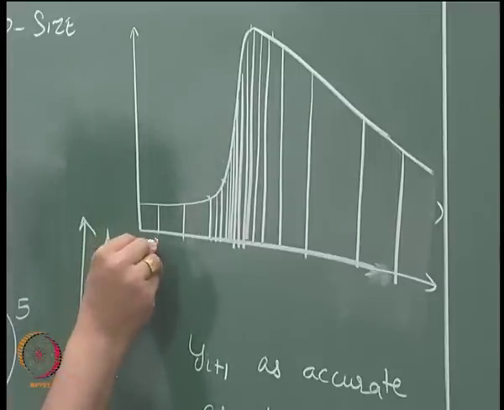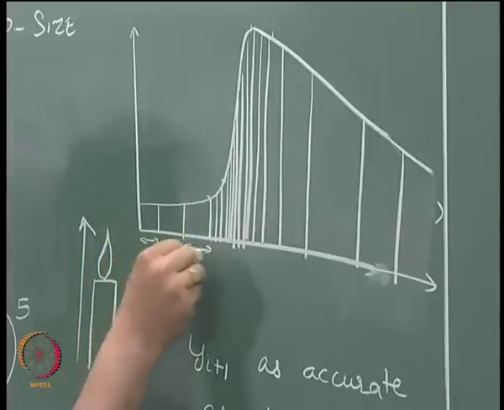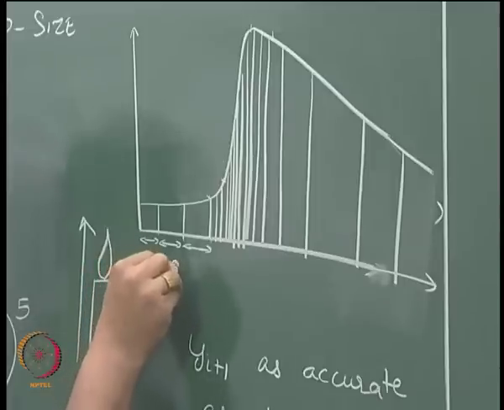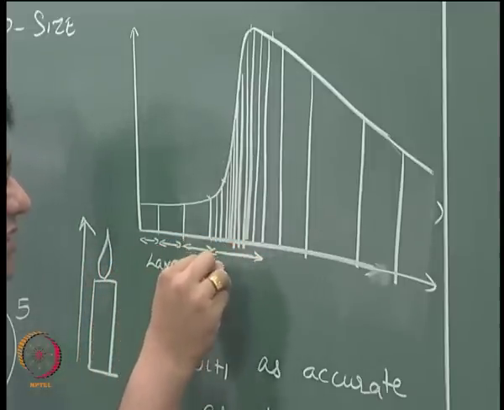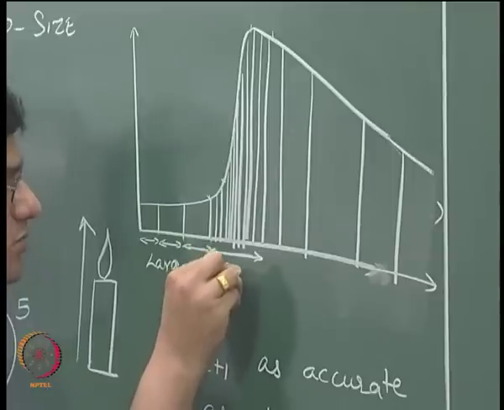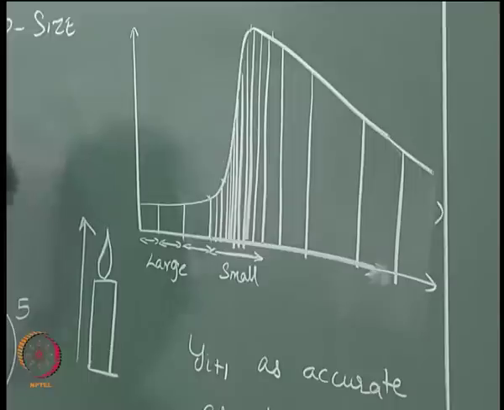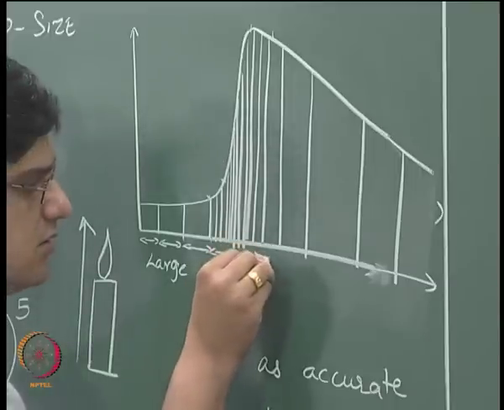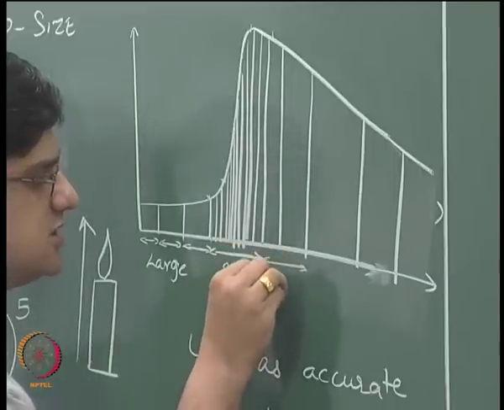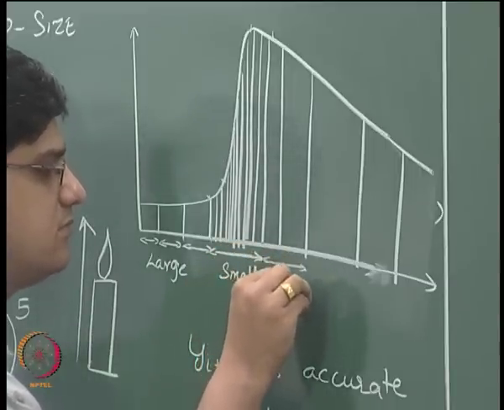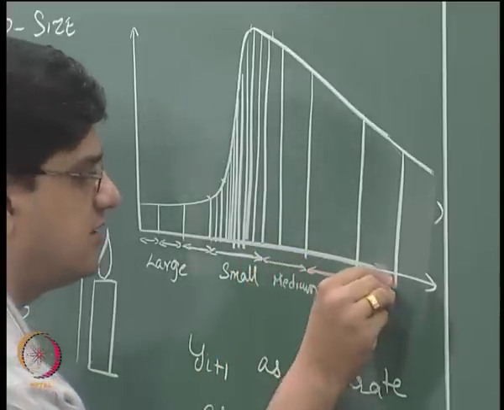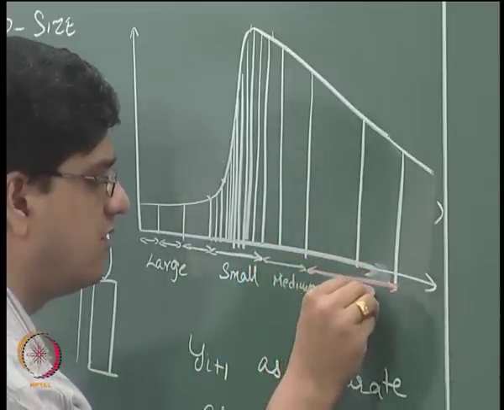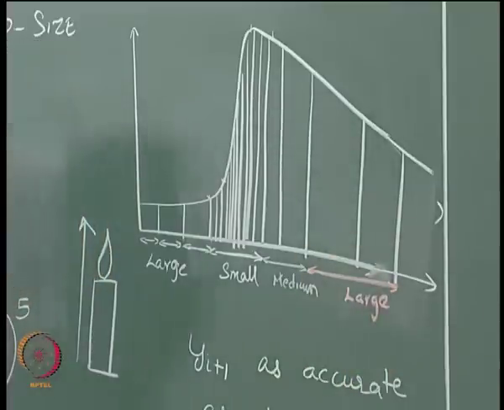So h over here is large, in this region h's are small, in this region h sizes will be medium, and finally in this region the sizes of h will be large again.